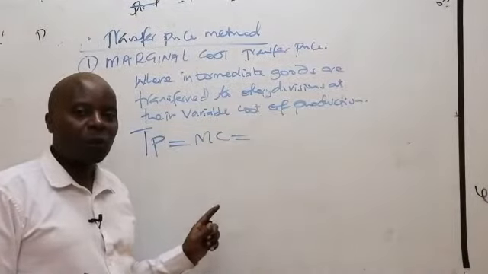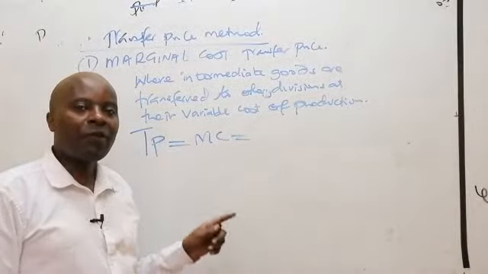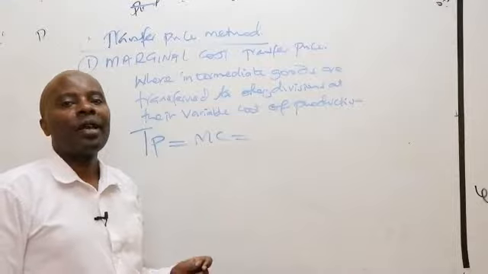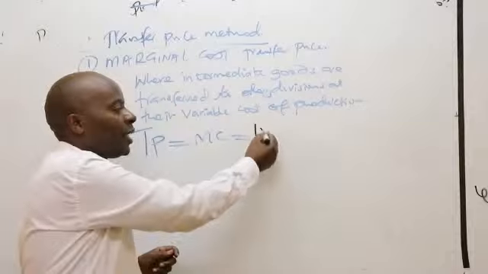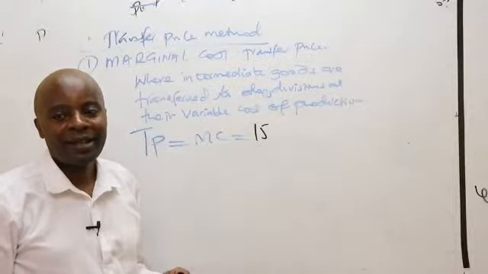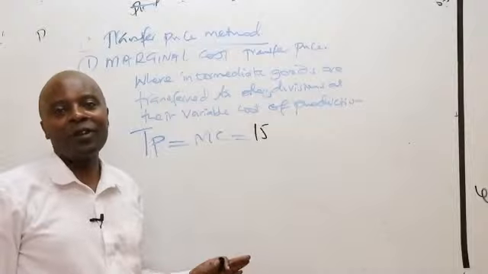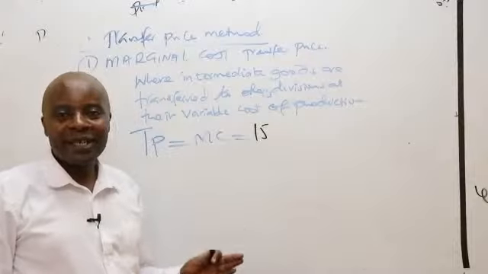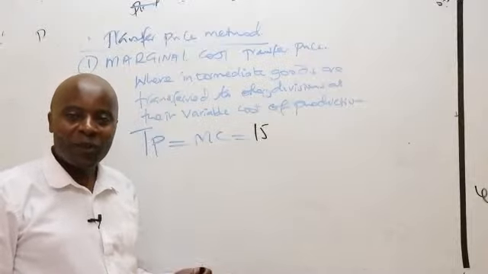So what we need to do is ask ourselves, what is the variable cost of producing the unit at X? Are you able to see the variable cost there is 15? Transfer price of 15, thank you very much. So in that case, we shall transfer these goods at 15.